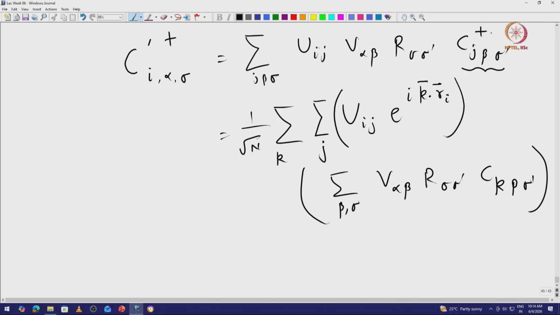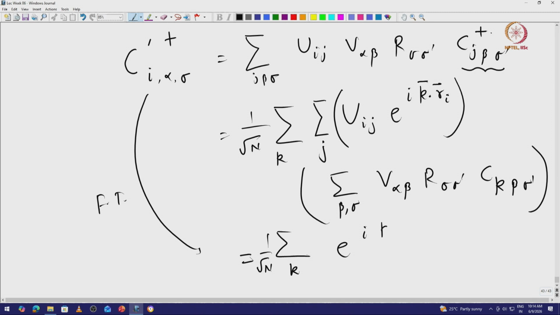So, it looks like, and this is equal to, if I do the Fourier transformation of this, this is J, K alpha sigma.